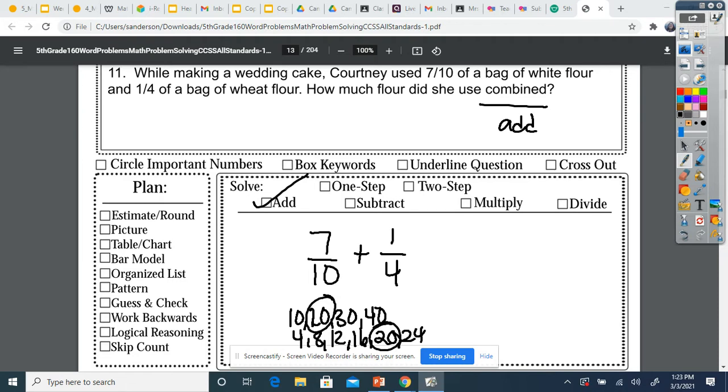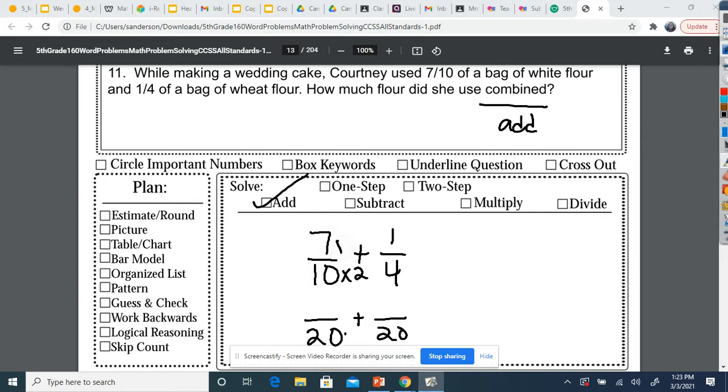So I know that 20 is my LCD, my least common denominator. So that means both denominators need to be 20. So 10 times what gives you 20? 10 times 2. Do the same to the top. Multiply it by 2. 7 times 2 is 14.